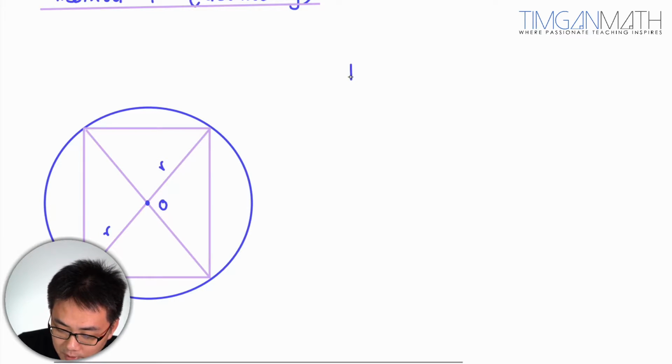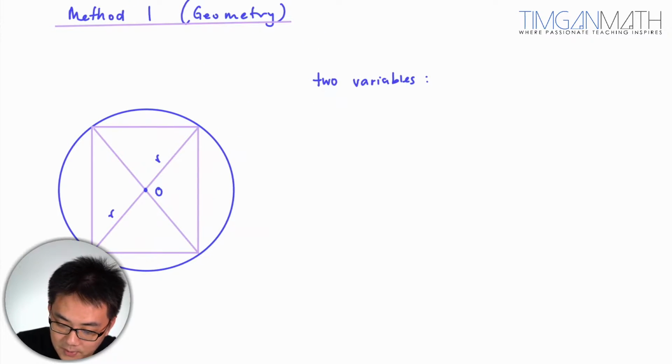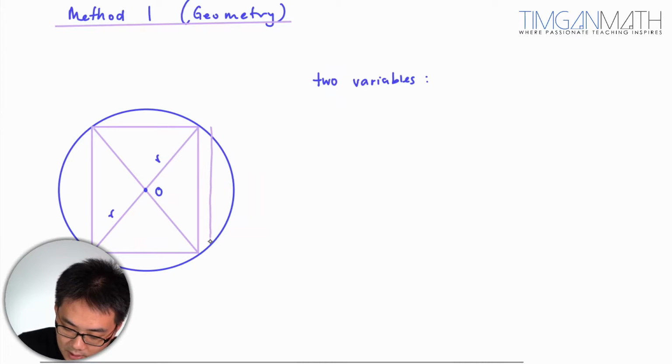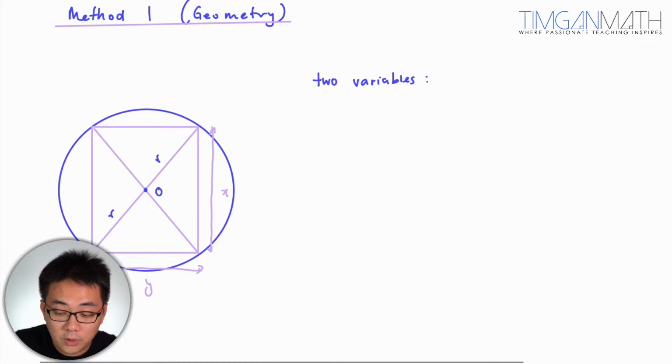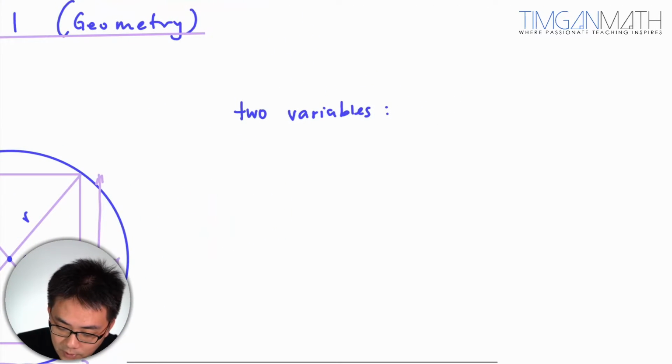The two variables are the height and width of this rectangle. The radius shouldn't be a variable because the radius is fixed. Like any circle, the radius is a fixed constant. So the two variables are x and y.